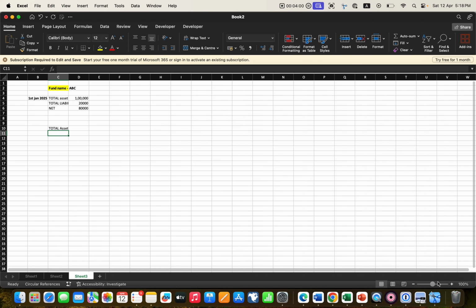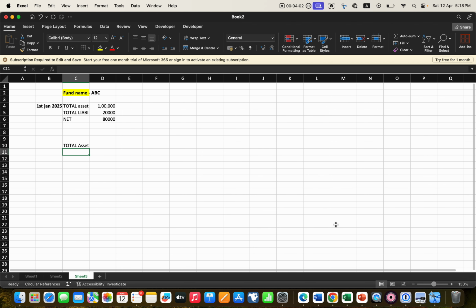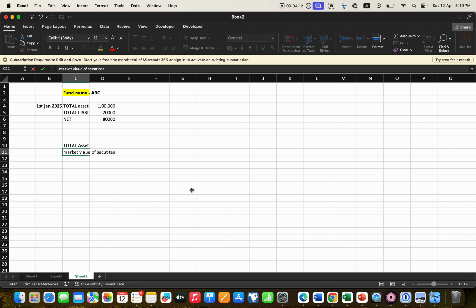Okay, so the total assets are the market value of securities, cash and cash equivalents, accrued income, and receivables.